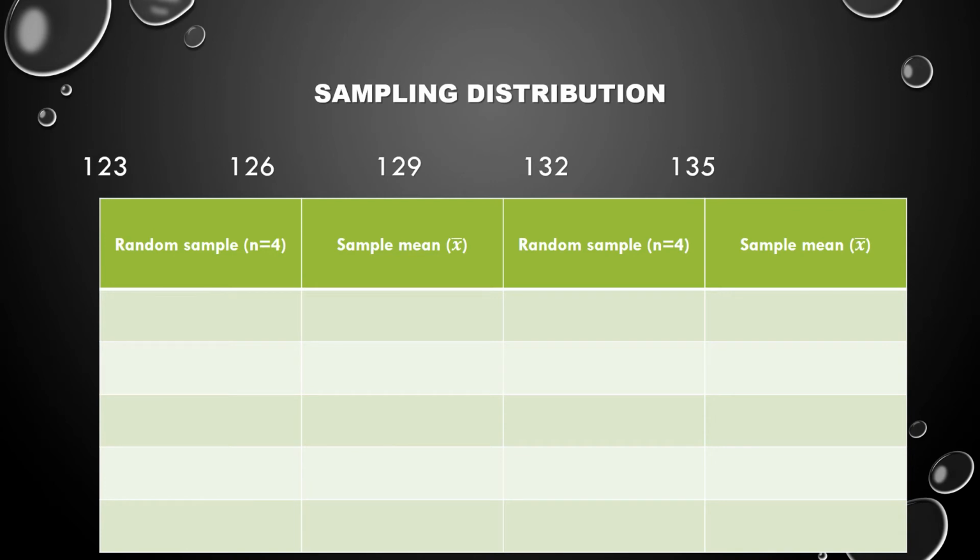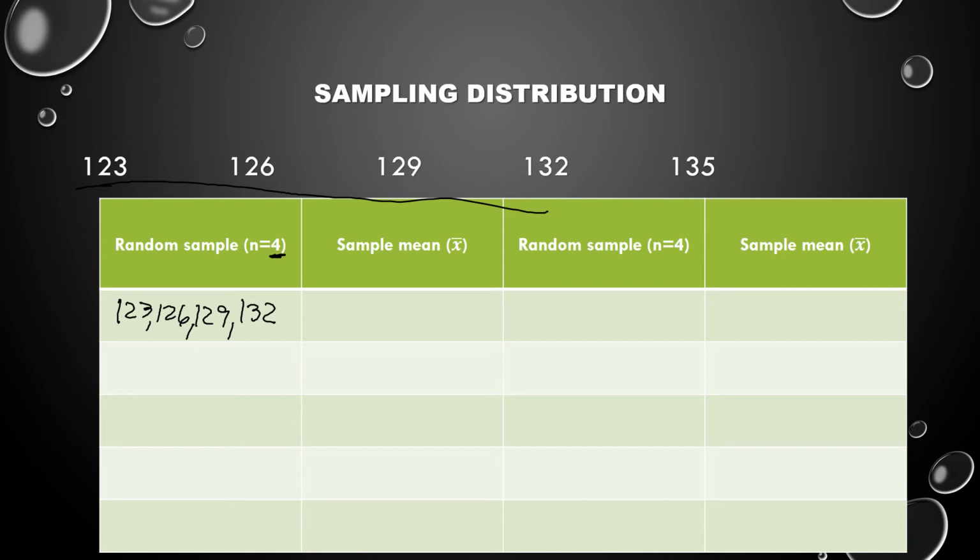All you have to do is combine those values and make a combination of 4 numbers, because our sample size is 4. So we must have 4 numbers in one combination. We start with the first 4 values: 123, 126, 129, and 132. So that's your first combination.